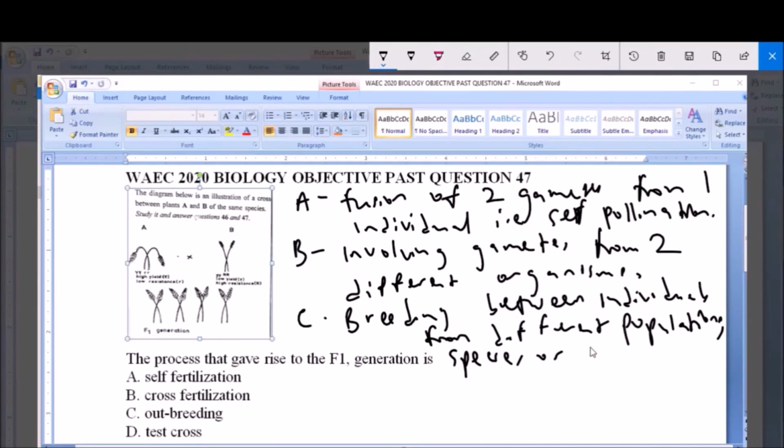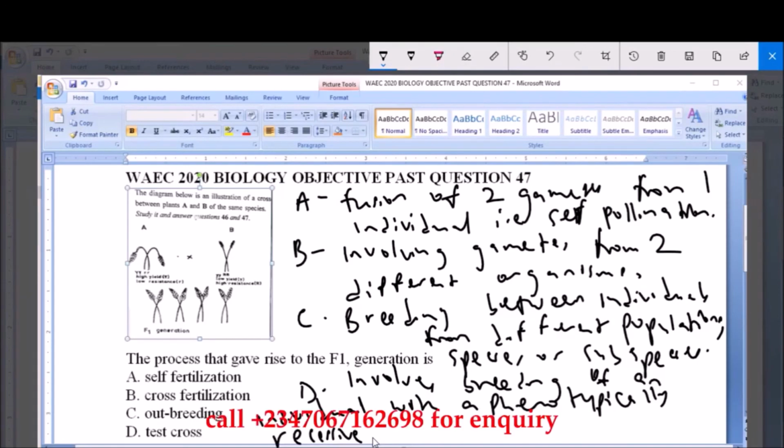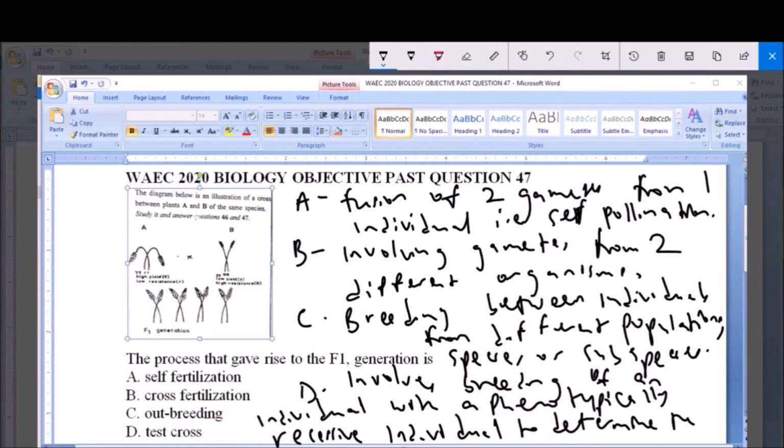And option D, which is test cross, involves breeding of an individual with a phenotypically recessive individual to determine the zygosity of the former, the first individual, to determine whether it is homozygous or heterozygous.